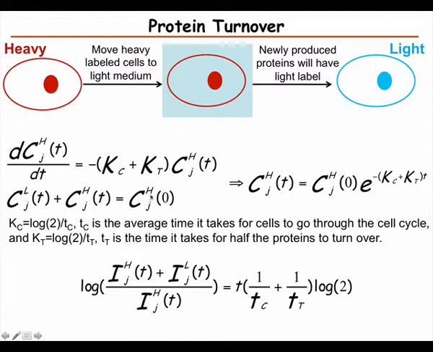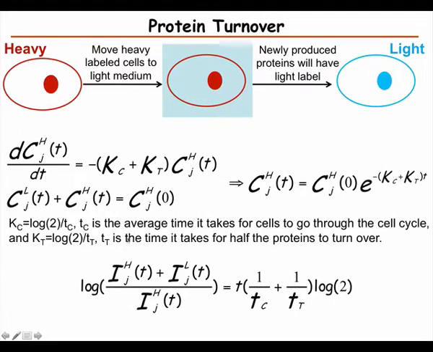So the assumption here is steady state, and the change in the level of the heavy is what comes from the turnover. In the steady state it should be a simple exponential decay, and from there you can calculate the turnover time.